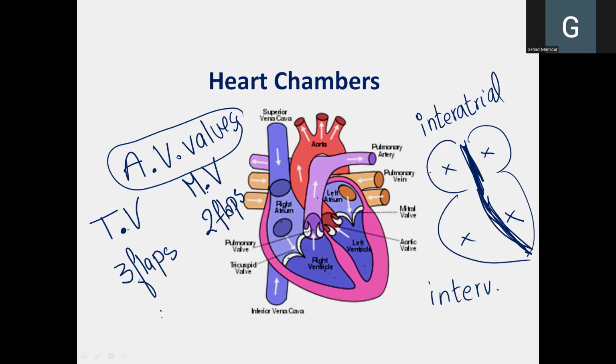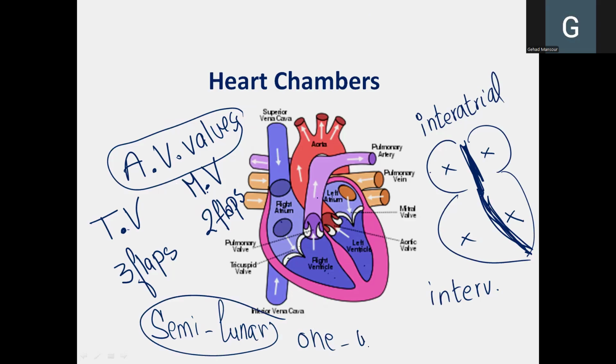And then last thing, we would talk about the semilunar valves. What are the semilunar valves? They are one-way doors allowing the flow of blood in one direction only. But you are not required to mention this if you are only asked about the structure of the anatomy of the inside of the heart.